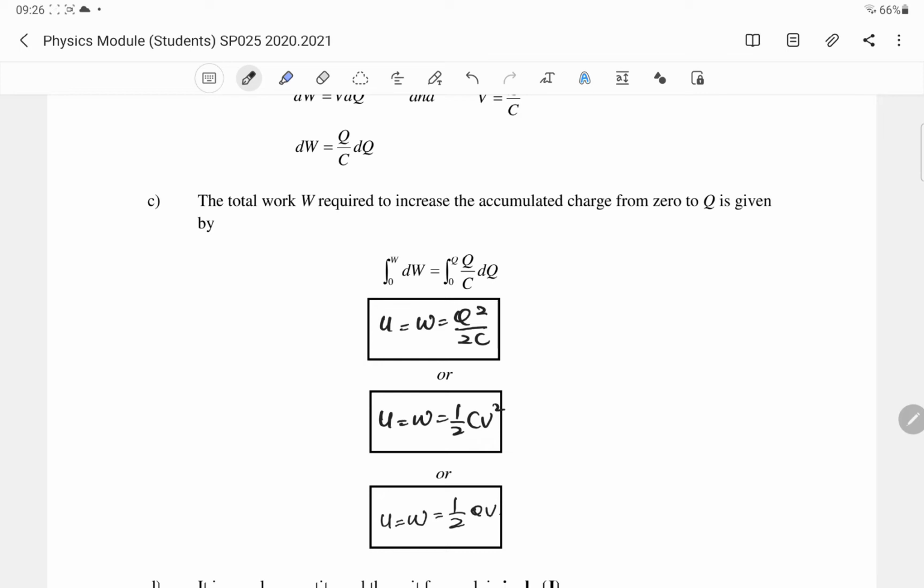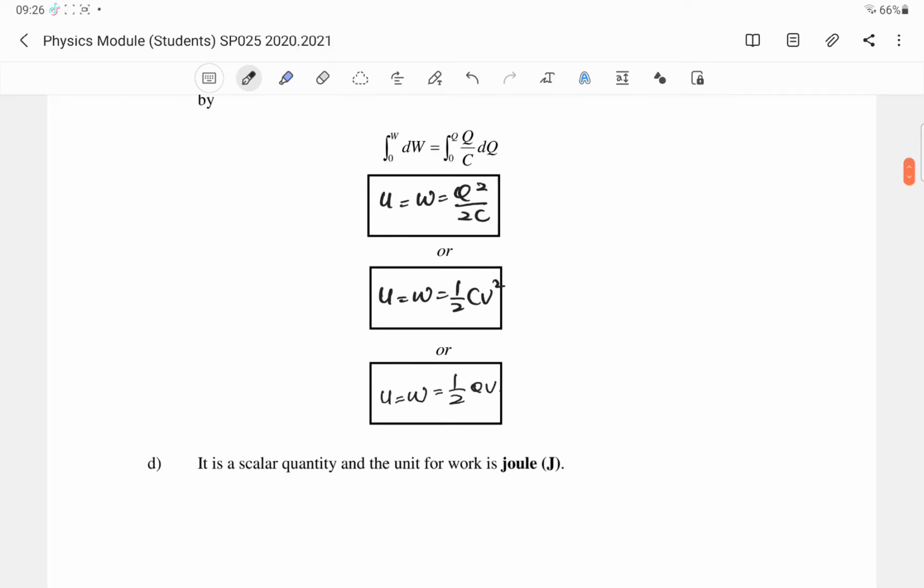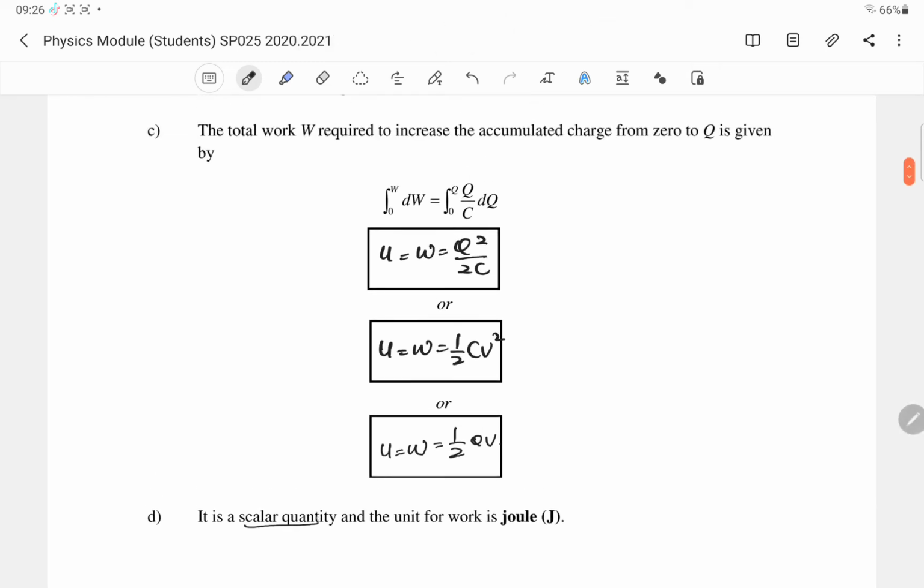Okay, so you can use all this equation, depends on the information given. Okay, and remember that the energy is scalar quantity and the unit is joules.